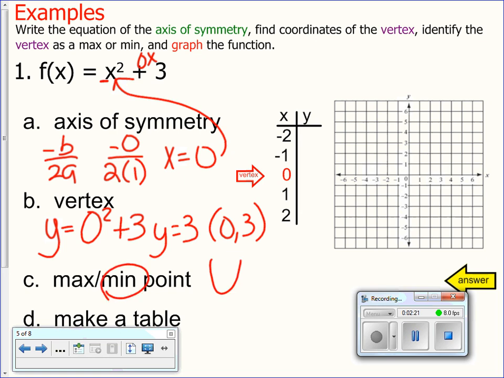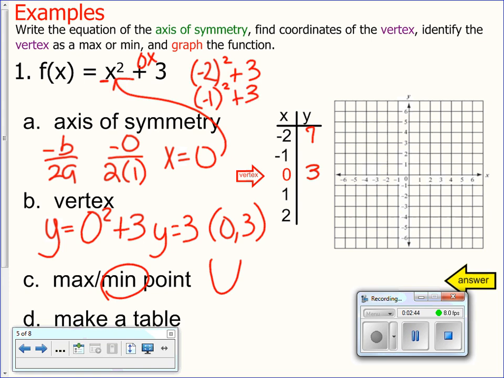To make my table, I start with my vertex in the middle, and then I use 2 x values to the left and 2 x values to the right. If I plug in negative 2, this would be negative 2 squared plus 3. Negative 2 squared is 4. 4 plus 3 is 7. I do the same thing. I plug in negative 1 squared plus 3.